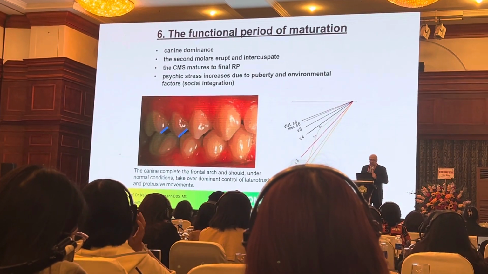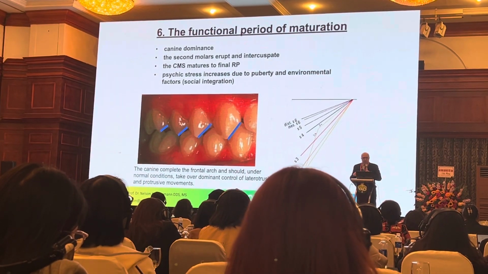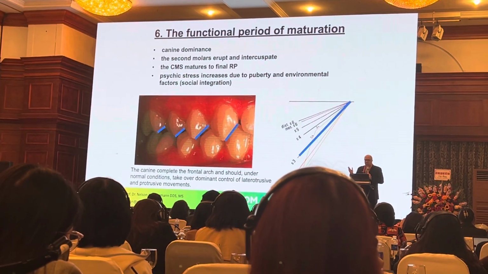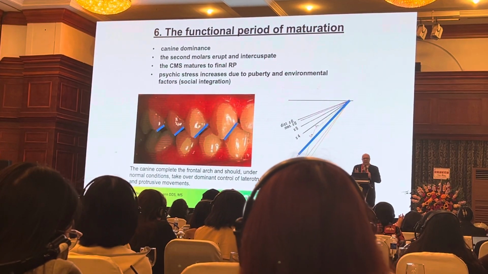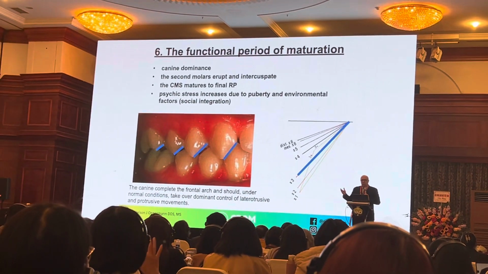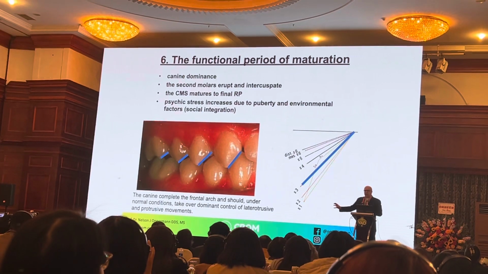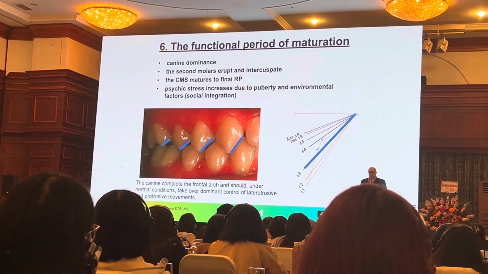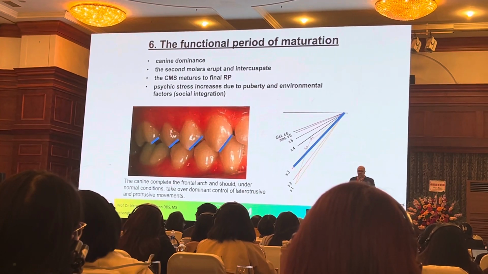So this is the sequence we have of positive inclination. And the canine ends the movement, so it's the canine guidance, but in fact it's like a progressive disocclusion. We finish on the canine, and the canine guides the disocclusion of the molars. Okay, so this is how this system protects.